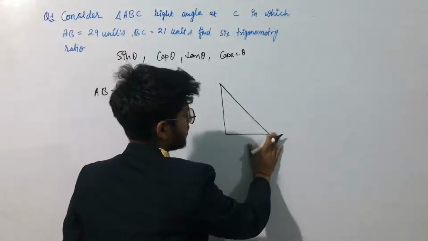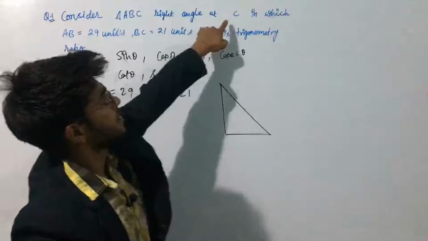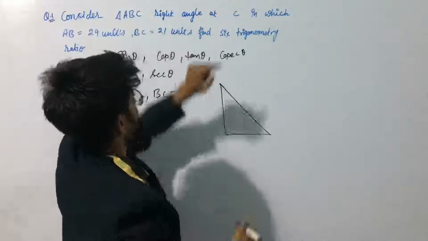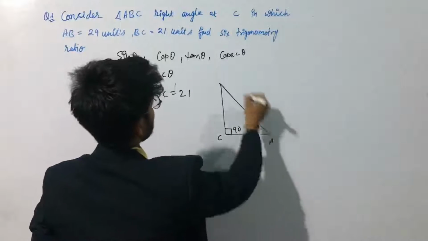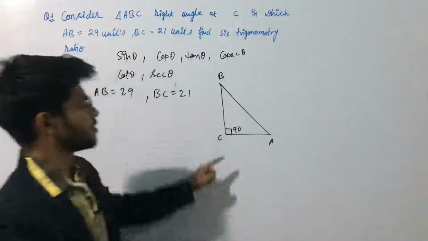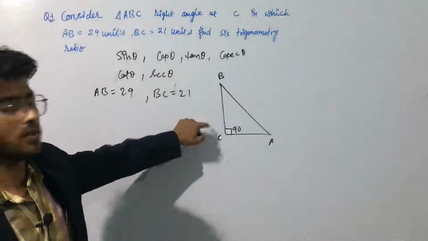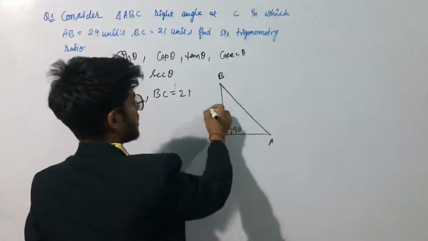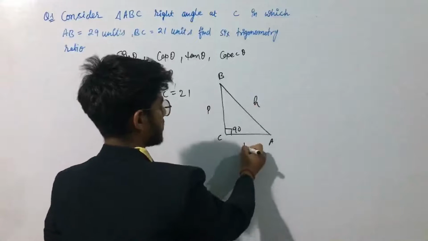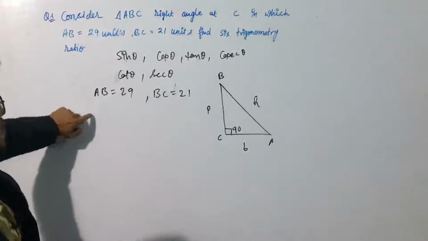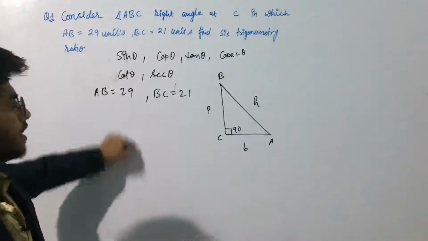So first we will make a right angle triangle. Given C is a right angle, we have a right angle triangle ABC. This side is perpendicular, this side is hypotenuse, this side is base.